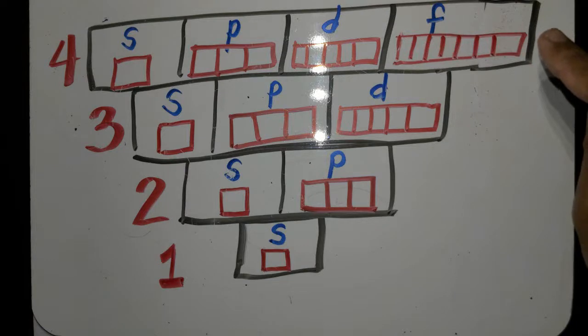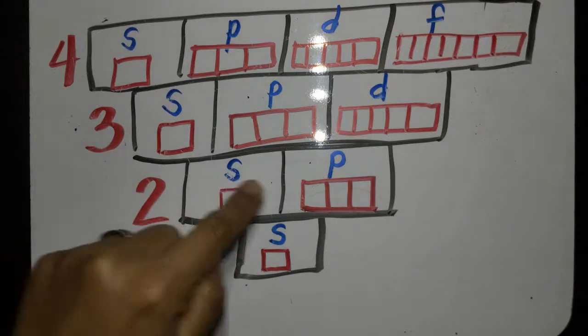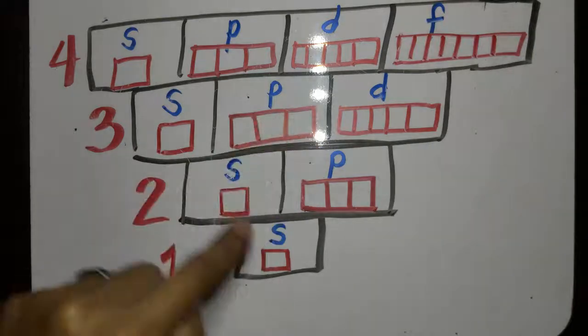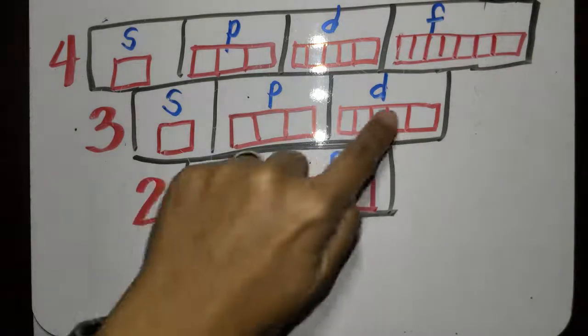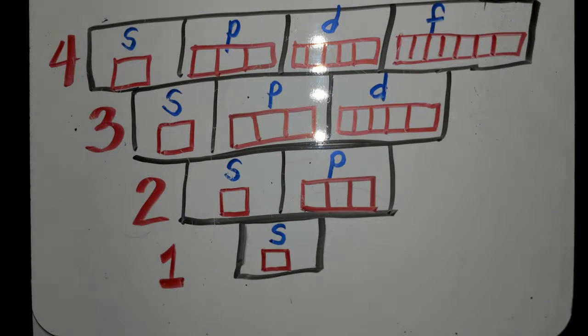Okay? So let me have a recap again. The floor numbers are the energy level. And in every energy level, you have these letters: S, SP, SPD, SPDF. SPDF are what we call the sub-levels.